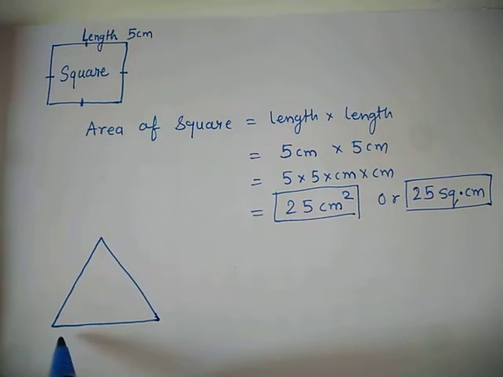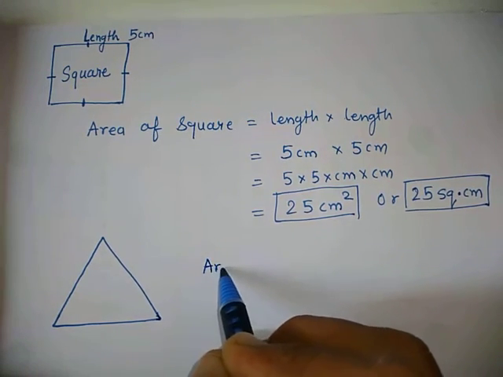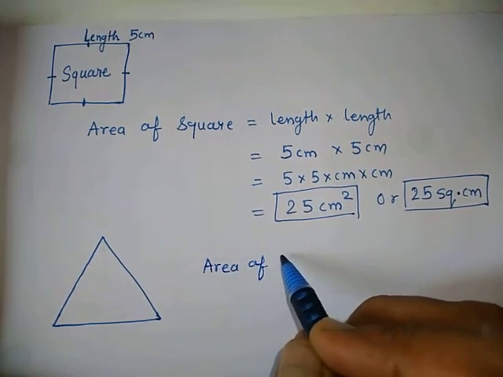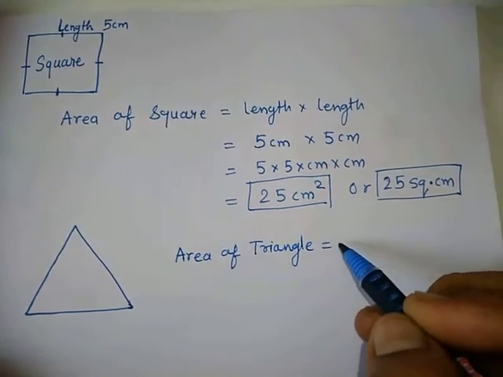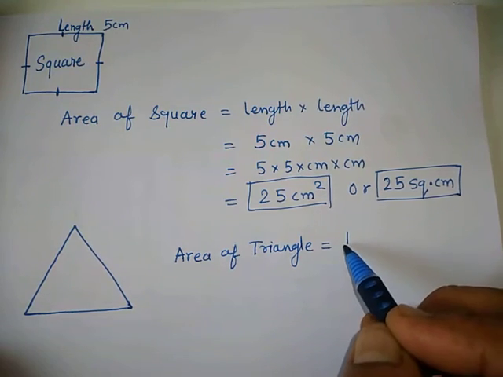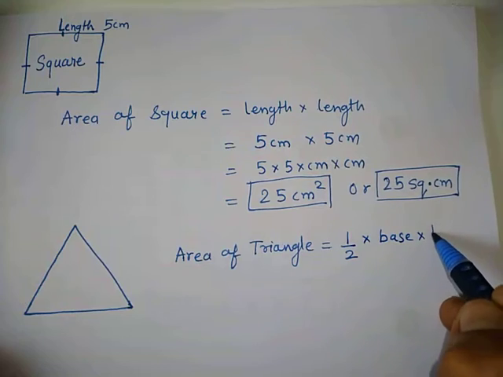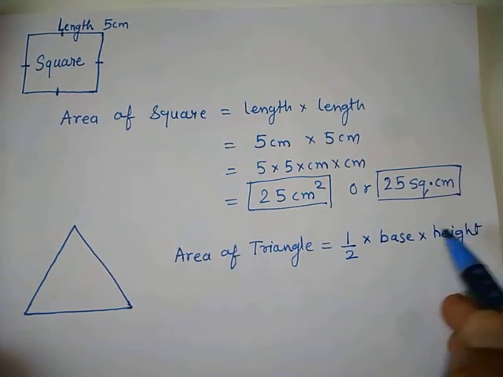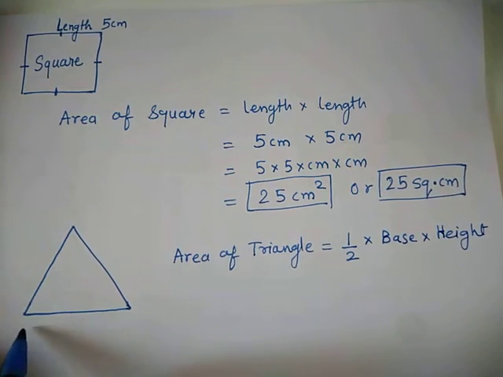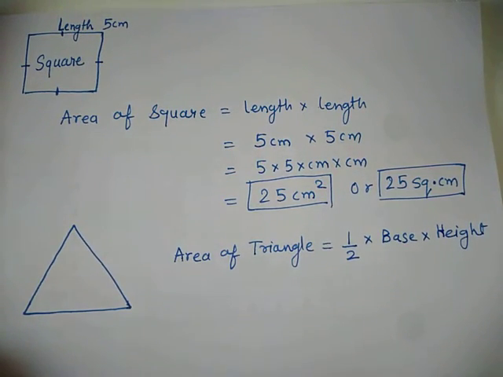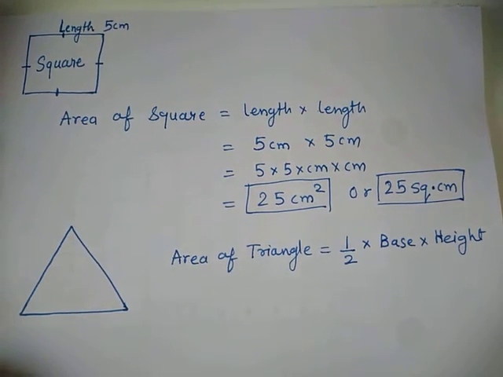Now when we say area of triangle, the formula to find the area of a triangle is half multiplied by base multiplied by height. So base into height this way. Which is base and which is height? Let's first discuss that and then we will proceed further.